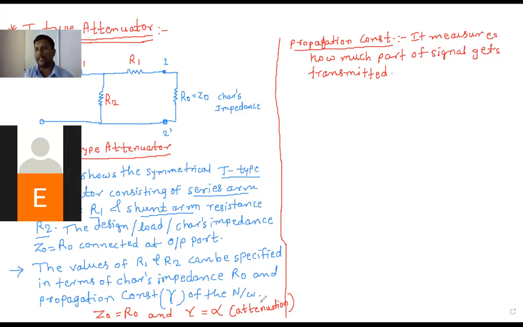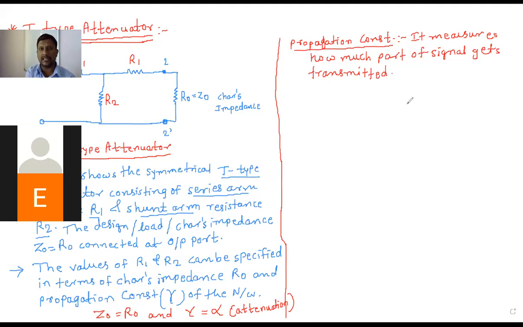Attenuation may be expressed in terms of Neper or Decibel. Are you getting my point? Attenuation is measured in Neper as well as Decibel. We know the relationship between them. So we can measure attenuation in Neper, then the characteristic impedance R0 is there. From these two points, we can design the formulas of R1 and R2.